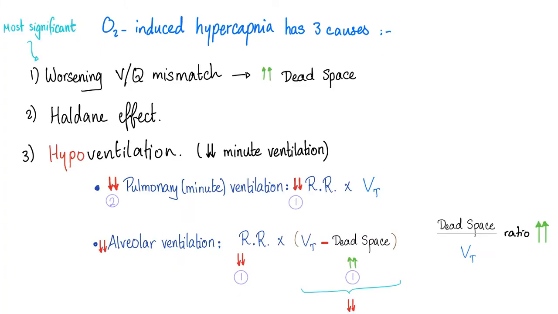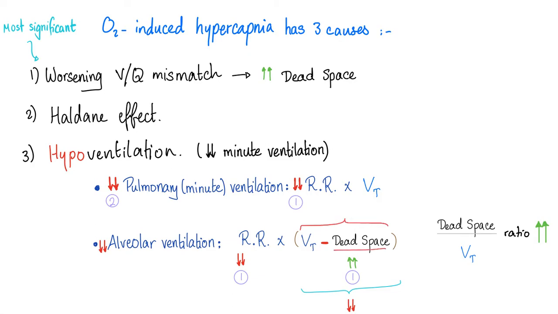Let's talk about hypoventilation again. Pulmonary or minute ventilation, what's going to happen to it? Since the respiratory rate will decrease, the pulmonary ventilation or the minute ventilation will also decrease. What's going to happen to the alveolar ventilation? Respiratory rate first is going to decrease. The dead space has increased. Look at this. This is wasted ventilation. When you increase the dead space, what do you think is going to happen to this entity?